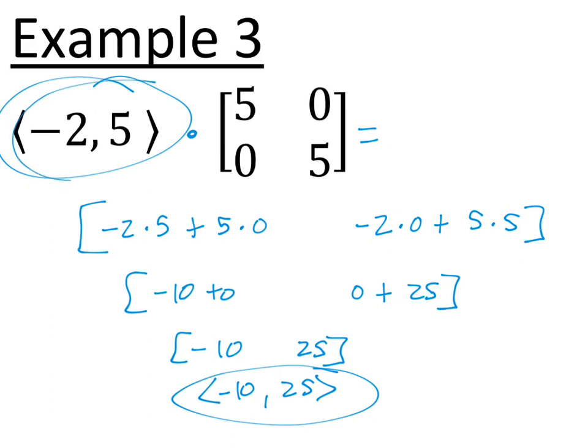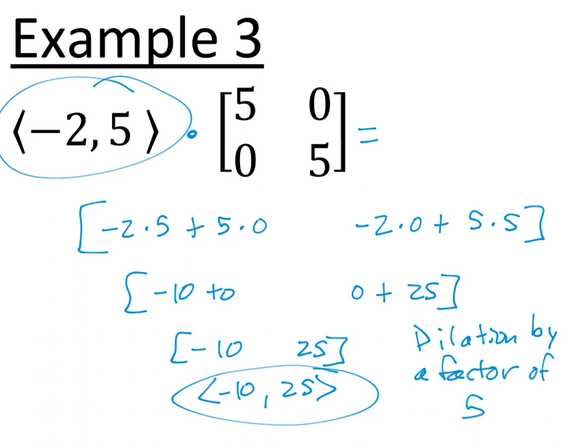All of these components here got multiplied by 5. -2 times 5 gives you -10. 5 times 5 gives you 25. And so this is a dilation by a factor of 5. Awesome. So it makes it 5 times as big.